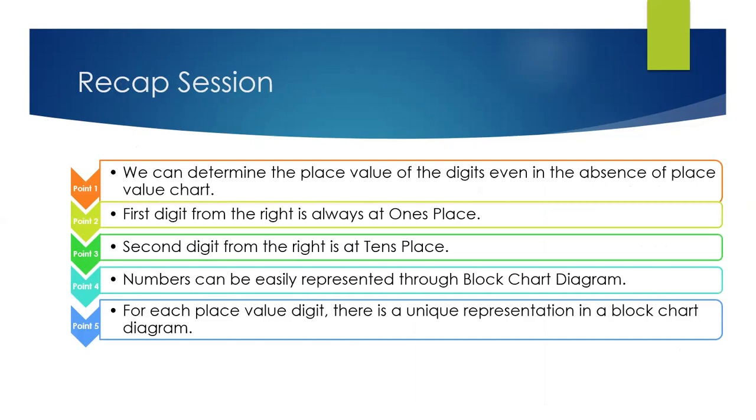Tens can be represented by a block of tens, and ones can be represented by a cube of ones. So each positional value can be represented by a certain specific building block through which we can analyze the numbers. And lastly, we have seen that for each place value digit, there is a unique representation in a block chart diagram. Now that's all with today's lesson.